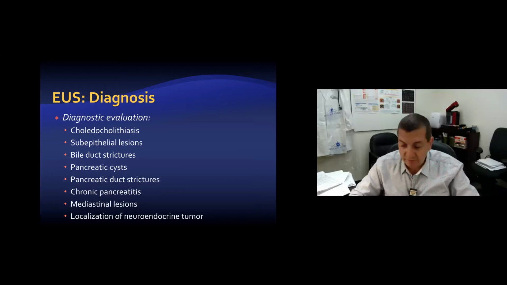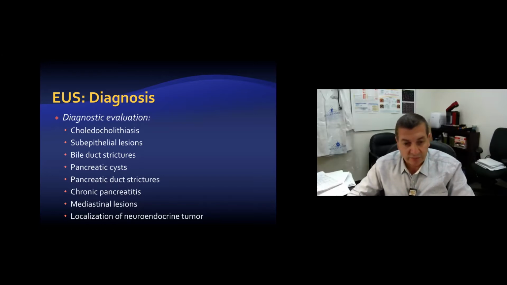Bile duct stricture, if they are indeterminate strictures, we can see if they look malignant or not and maybe take biopsies from them. We can also use it for pancreatic cyst evaluation, pancreatic duct strictures. We can also assess chronic pancreatitis changes, even years before CT scan or MRI shows those features, it can be the early tool to detect very early changes of chronic pancreatitis.